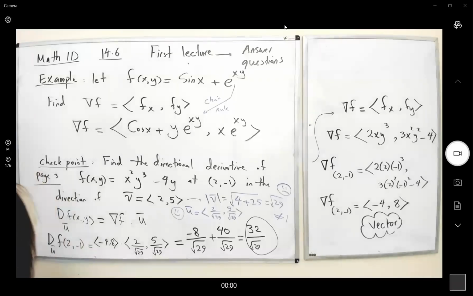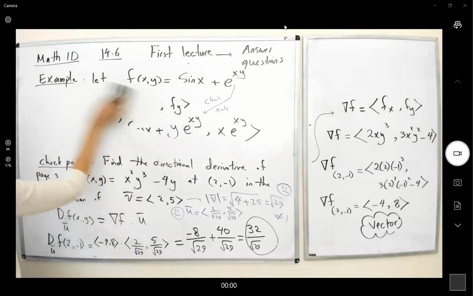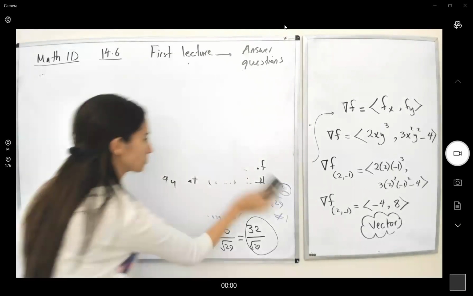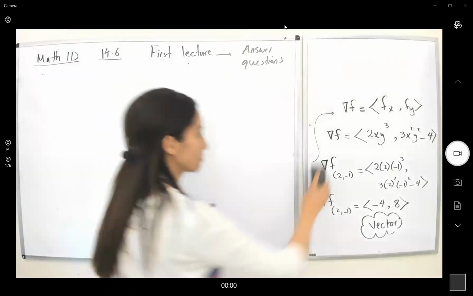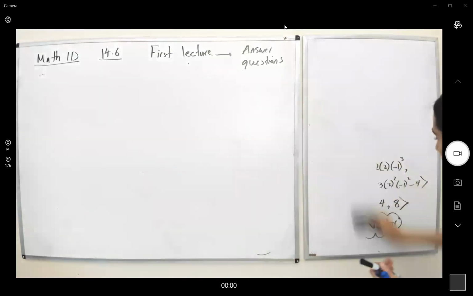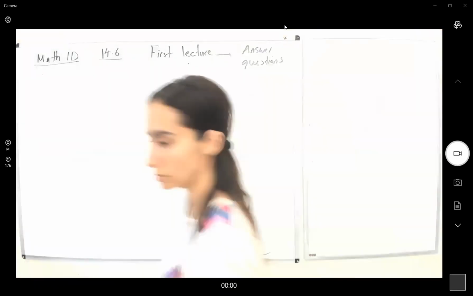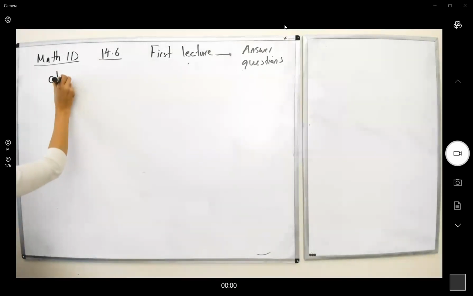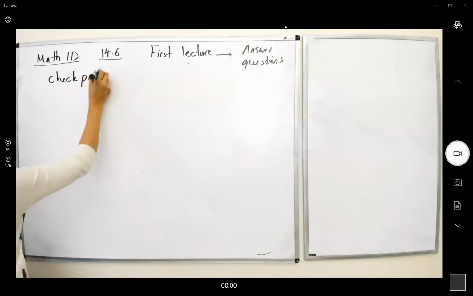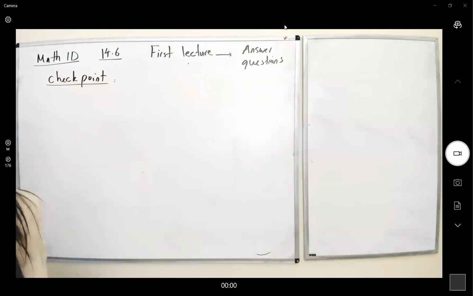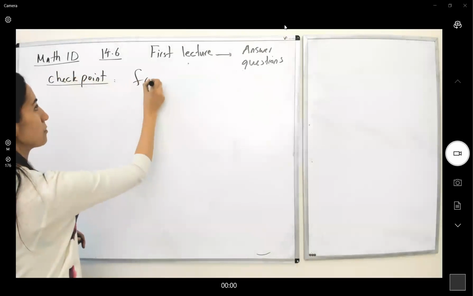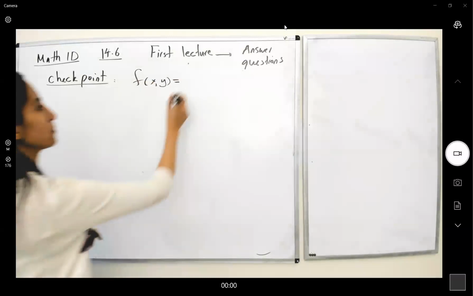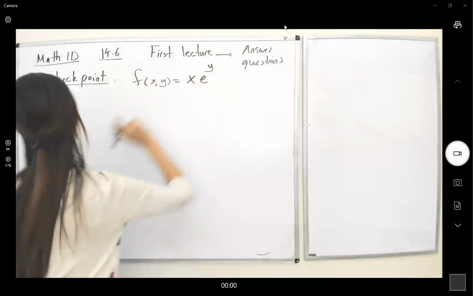Okay, the last checkpoint that we have is on the last page. Very well. Our last checkpoint says, here you have the function f of x and y equals x e to y.